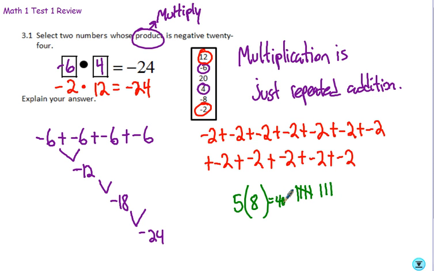So even if you don't have your times table memorized, you can still answer these questions by what's called skip counting. When we count by a certain number, count by 2s, count by 5s, it's called skip counting. As long as we can skip count, then we should be able to get to the number that we need to. All right, so let's go ahead and pause now and try 3.2 on the right side.